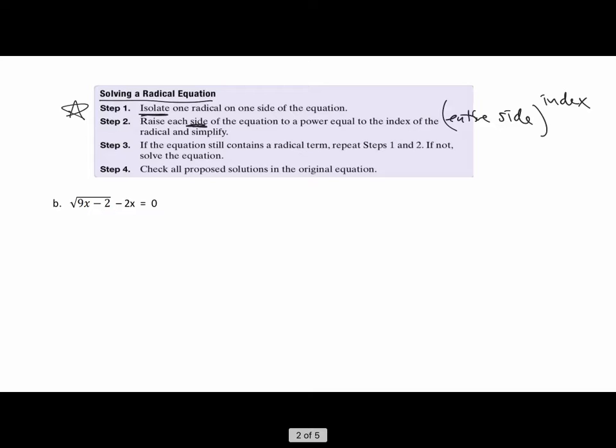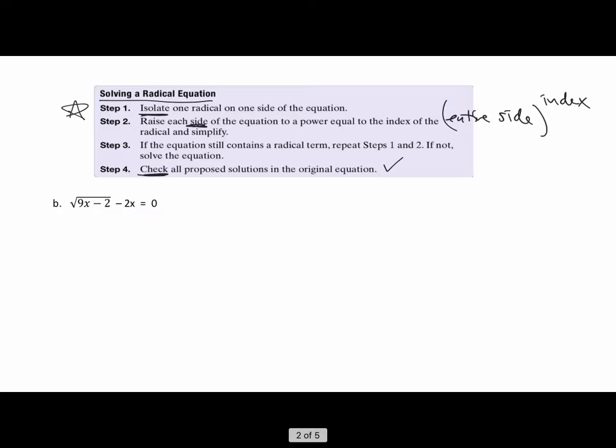Isolate that radical. Then use the power rule again. Otherwise, continue solving the equation, whether it's linear or quadratic. We'll do different steps there. And then don't forget to check all of your solutions in the original equation to make sure that they're actually true for that equation. That's the whole point.